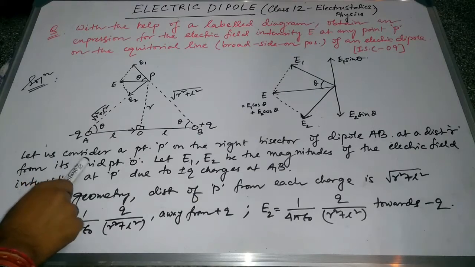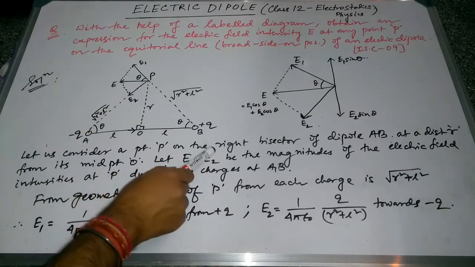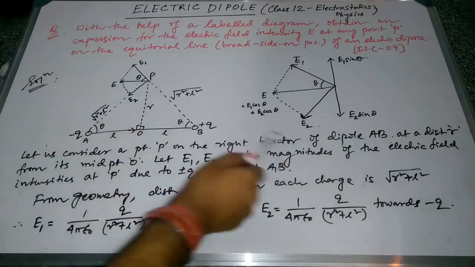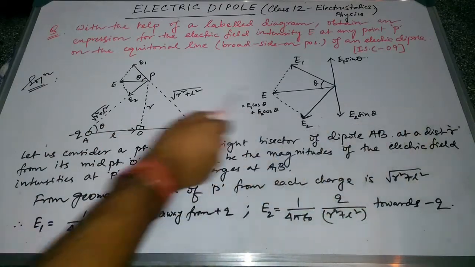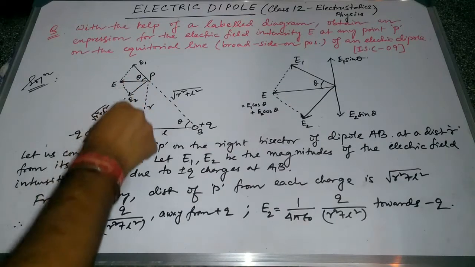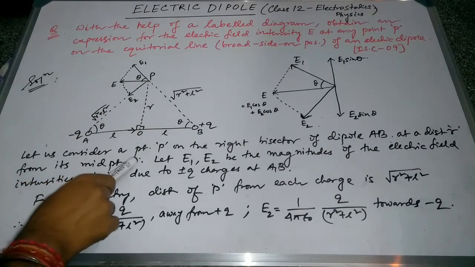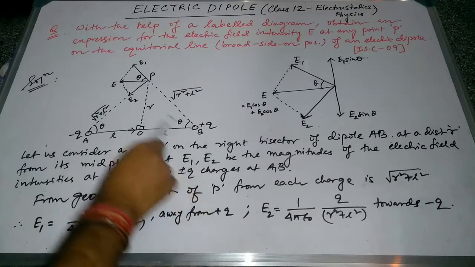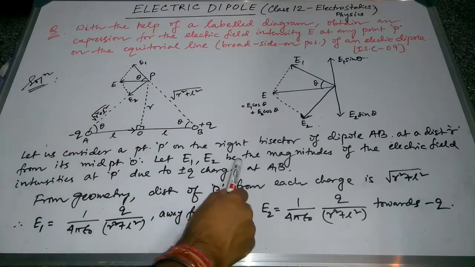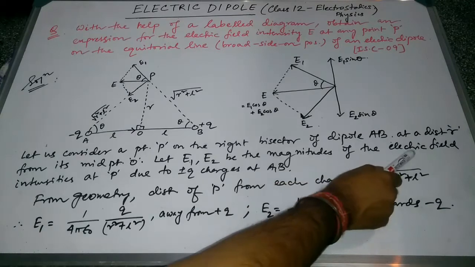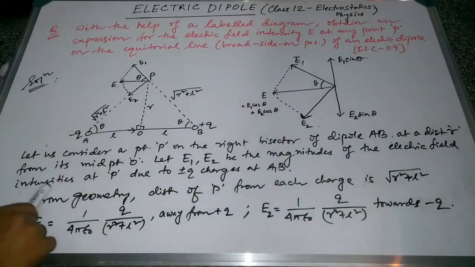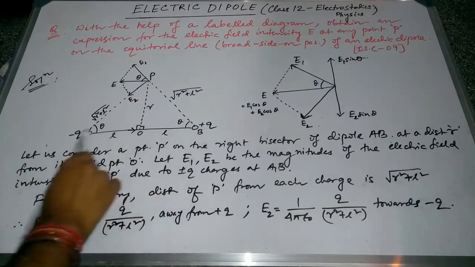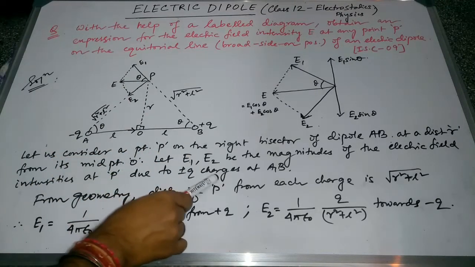Let us consider a point P on the right bisector of dipole AB at a distance r from its midpoint O. Let E1 and E2 be the magnitudes of the electric field intensities at P due to the plus and minus q charges at B and A.